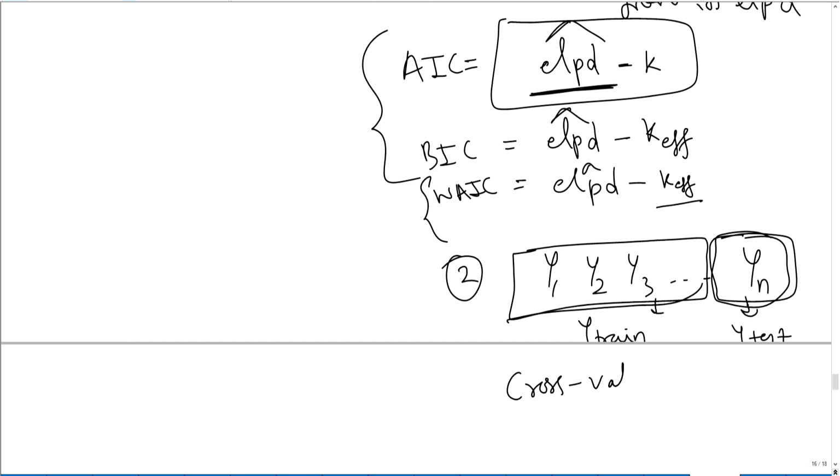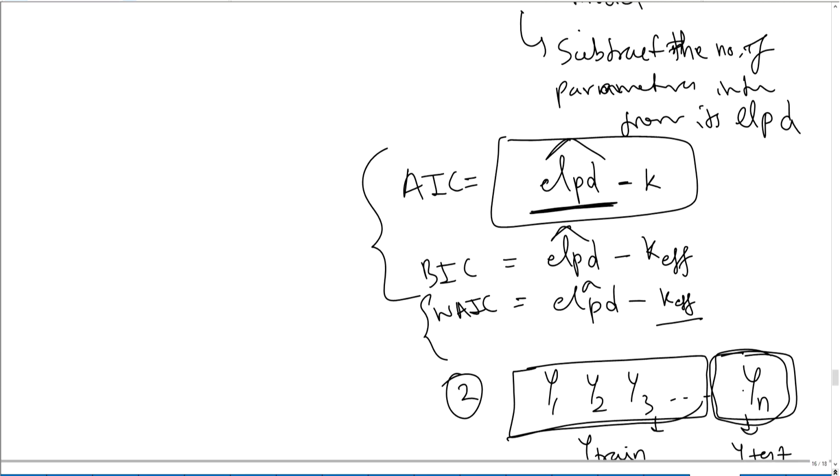This is the second method, and this is actually the method that we should be using, because we have seen the problem with AIC, BIC, WAIC, that they all allow overfitting. They are just trying to penalize the model for its complexity. So this is not a very good solution. This would give you a very rough approximation.